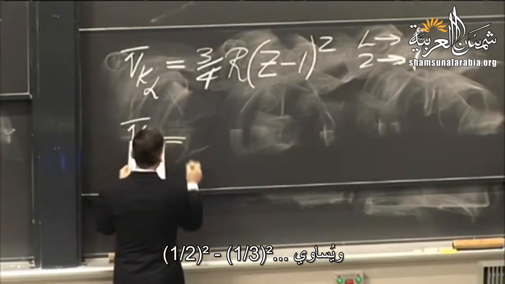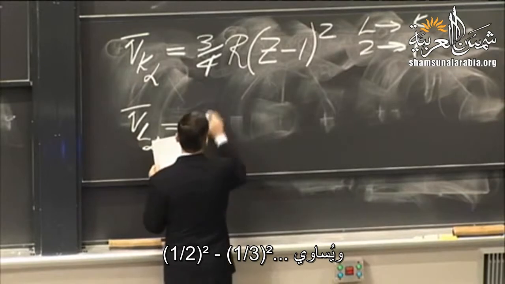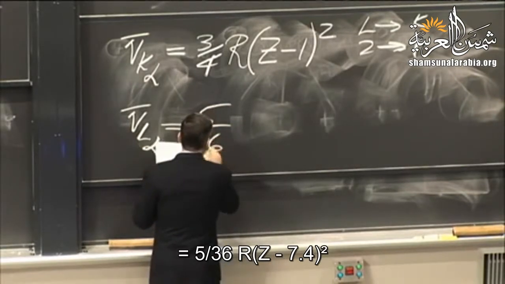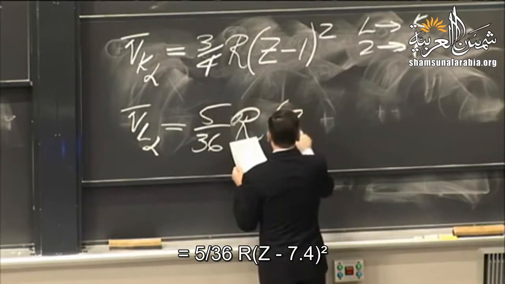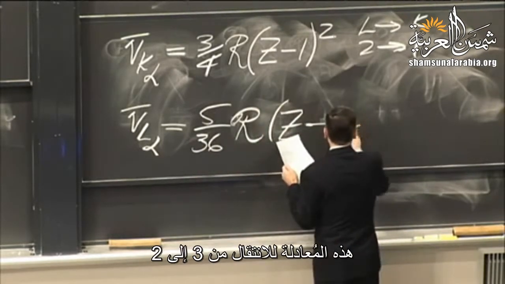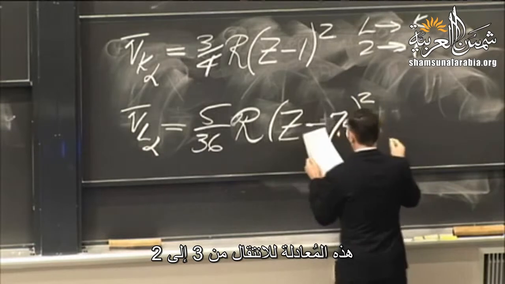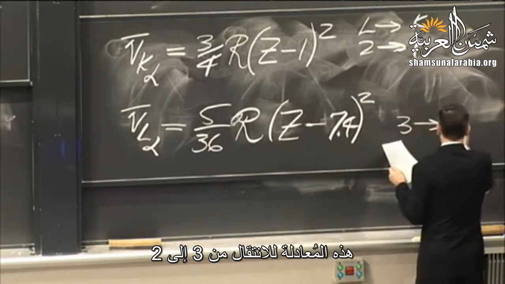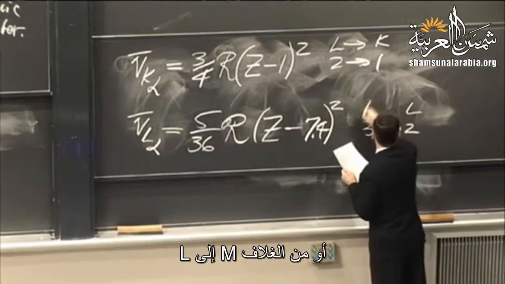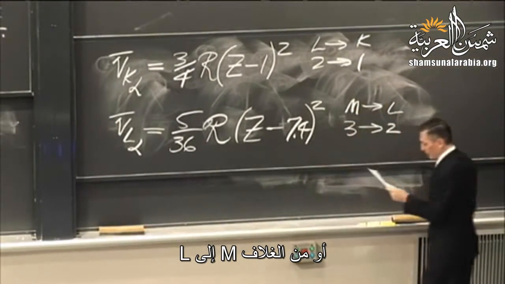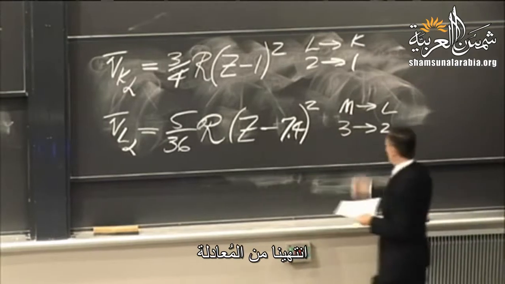It's going to be 1 over 3 squared minus 1 over 2 squared, which becomes 5/36 times the Rydberg constant, Z minus 7.4 squared. And this is for the transition 3 to 2, or, let's see, K, L, M, M to L. Okay? So there it is.